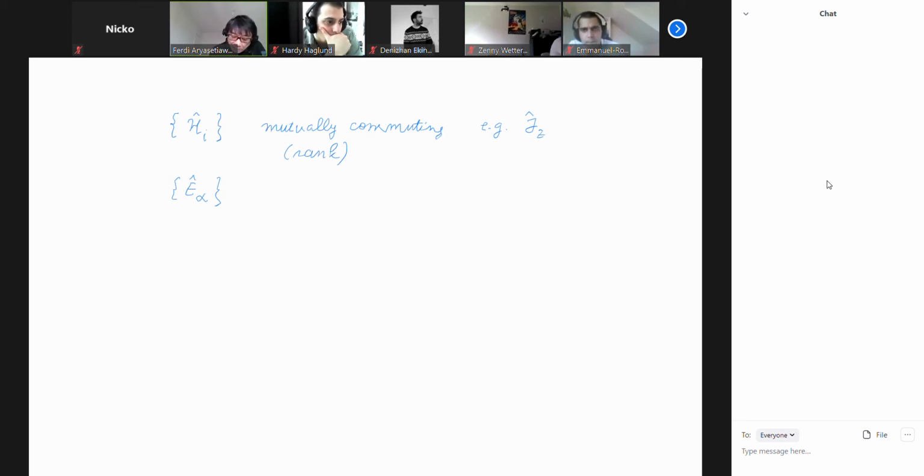This rest can be written as ladder operators. If we take the angular momentum as an example, then we have J plus and J minus, that's Jx plus minus i Jy.